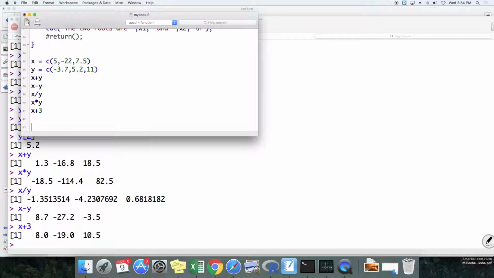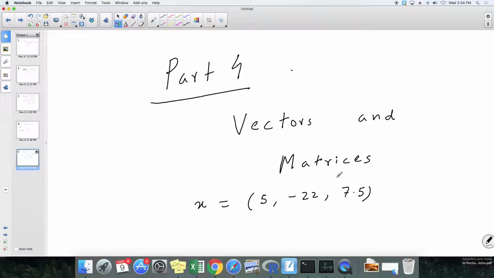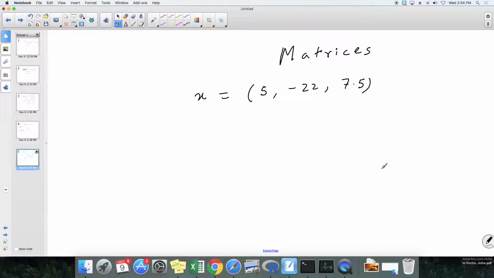Now there are some special vectors, and we have special ways of introducing them, which saves us time. For example, if you want the vector v as, say, 1, 2, 3, 4, up to 48, 49, 50, you don't have to waste your time.